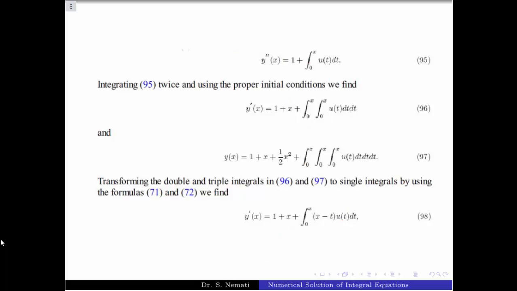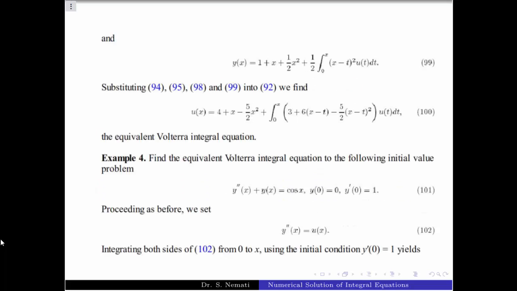You can see we obtain y of x equals 1 plus x plus 1 over 2 x squared plus the integral part, and by considering the previous equations, we can write the equivalent Volterra integral equation as u of x equals the right hand side of this equation.